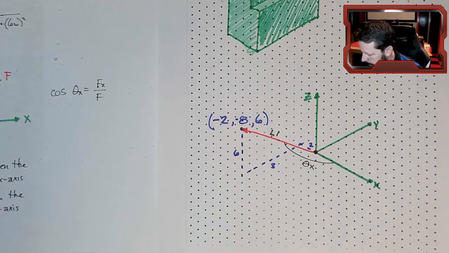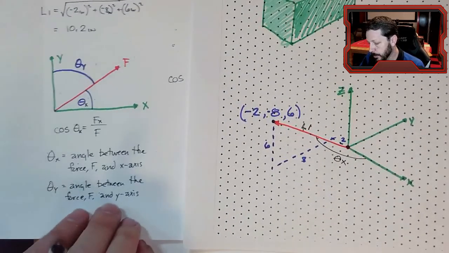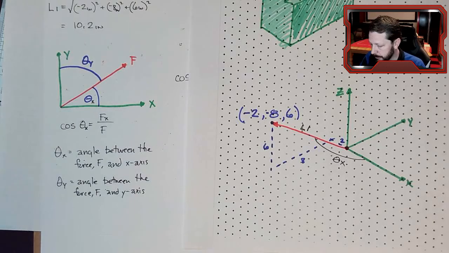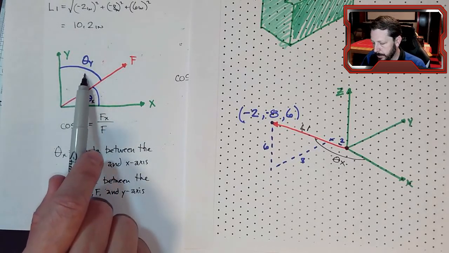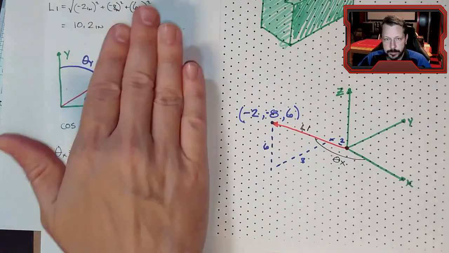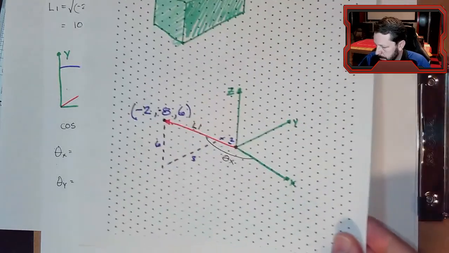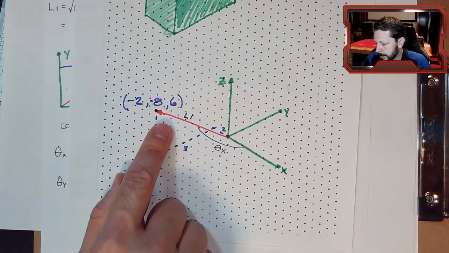Okay. One thing that is confusing for some people is over here, this theta x and theta y, they're both in the xy plane because it's all 2D. It's just in one single plane. Theta x over here is in a new plane that is created by the x-axis and the red line, the force.